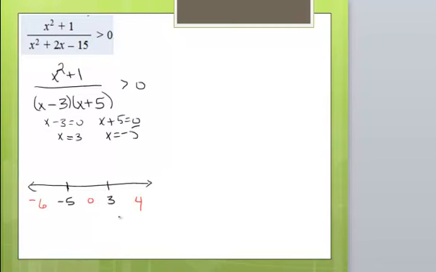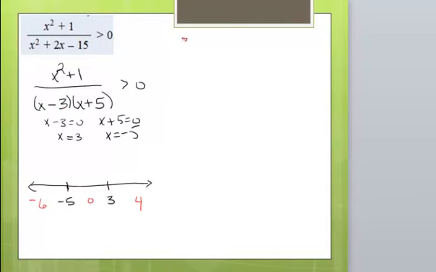You can do a couple of different things, but the main thing that I like to do is just plug them straight into this expression here and see what sign we get when we do that. So we'll take a negative 6, put it in here and square it. That'll be 36 plus 1, so 37. Here we have negative 6 minus 3, that's negative 9.